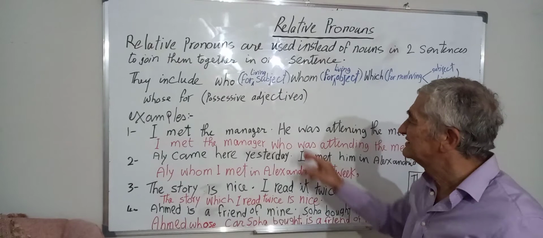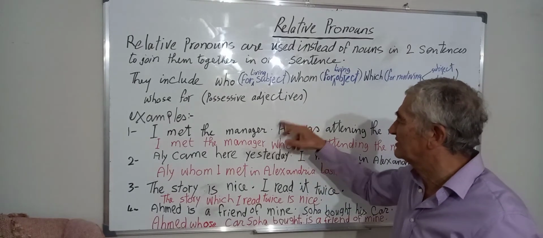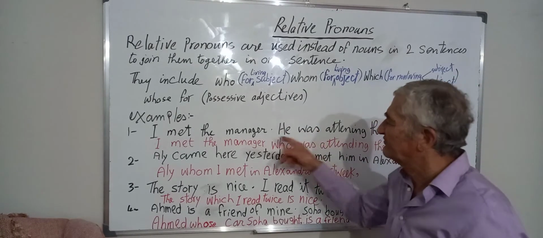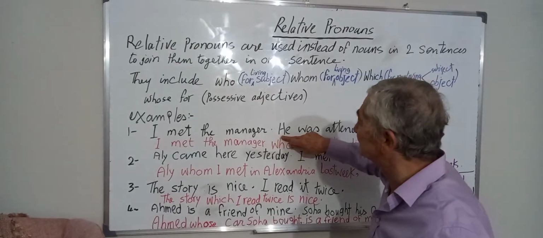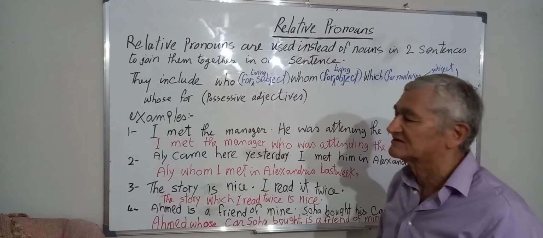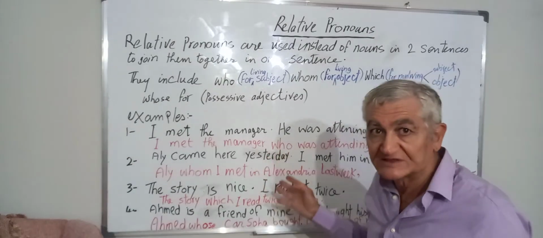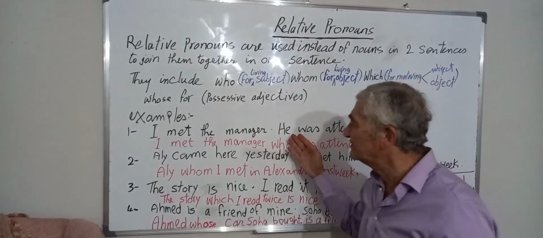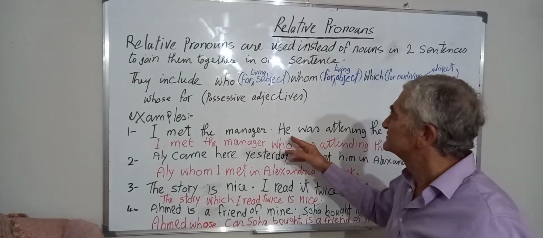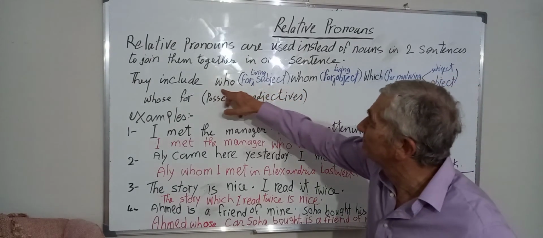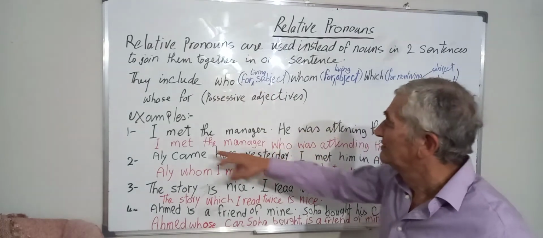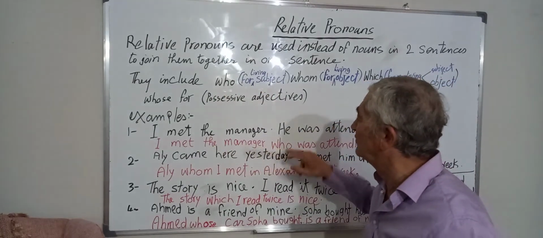Okay? This is the repeated pronoun, which refers to the manager. What is the position of he in the second sentence? It's a subject pronoun or nominative pronoun. So I use who. Okay? I met the manager who.